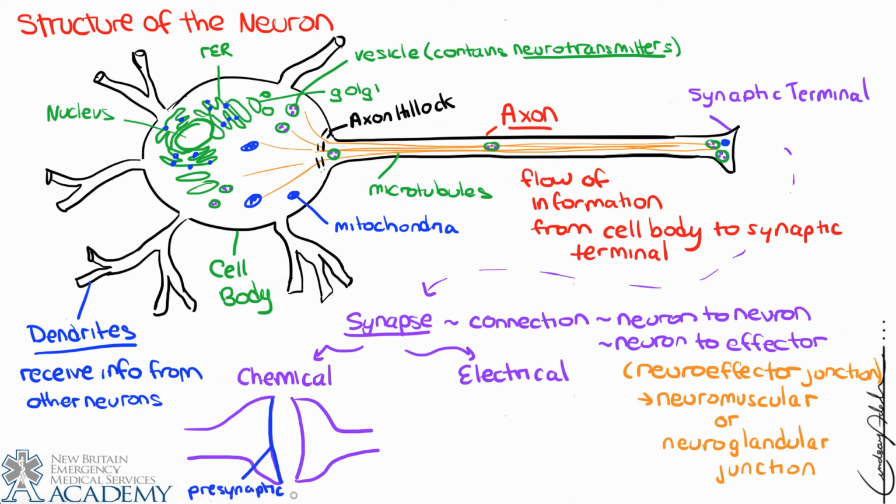The second neuron is a dendrite, so the axon will communicate with the dendrite. Again, unidirectional flow: in through the dendrite, out through the axon. That membrane of the dendrite is the postsynaptic membrane. In a chemical synapse, there's a gap in between, and that gap is called the synaptic cleft.